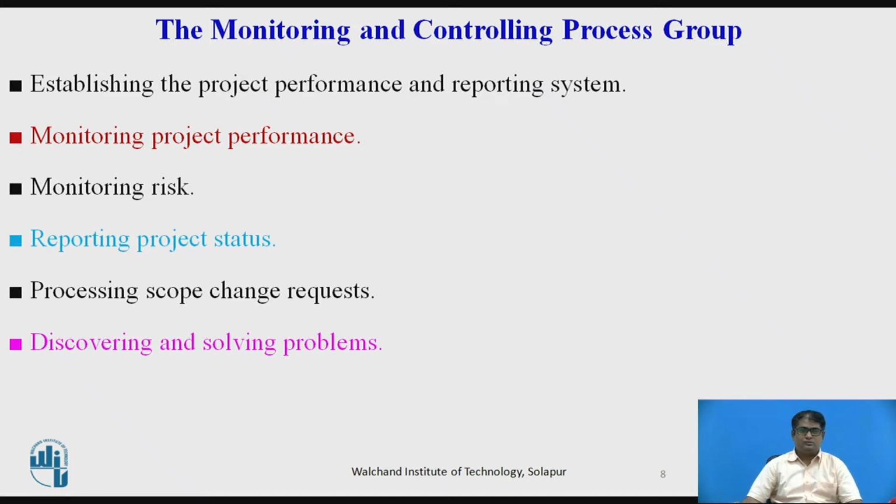It is a process group that consists of both the art and the science of project management. It occupies the project manager with activities internal to the project team itself and with activities external to the project team, which involve dealing with the client, the sponsor, and your senior management.